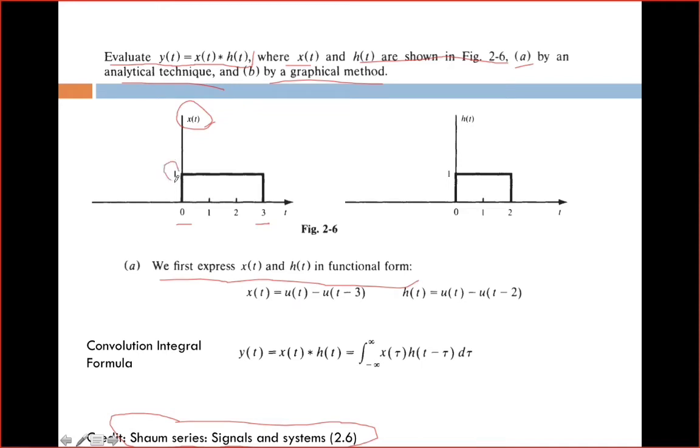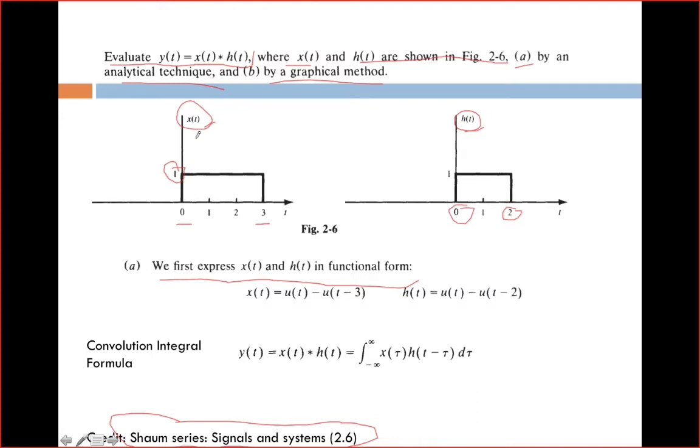Similarly, h of t is defined over 0 to 2, and the amplitude value is 1.